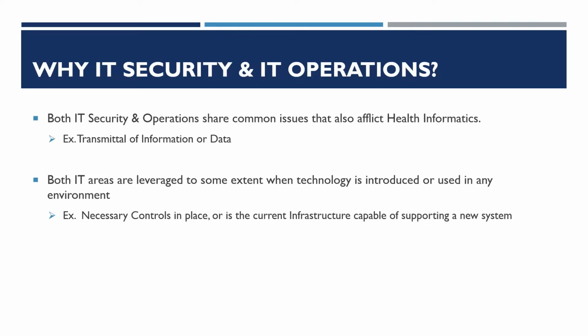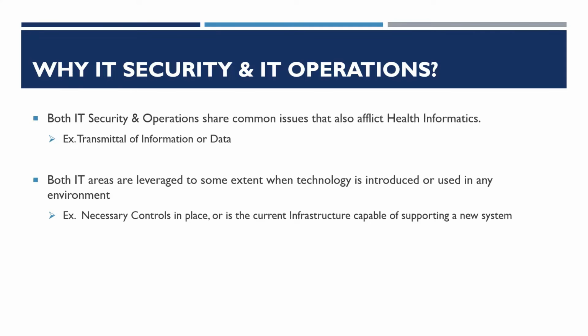On the other hand, IT operations would be involved in making sure that the necessary hardware and software is in place and managed or maintained properly to make sure that these kinds of operations can continue or exist within an environment. So both areas are leveraged to some extent whenever new technology or current technology is used in an organization.